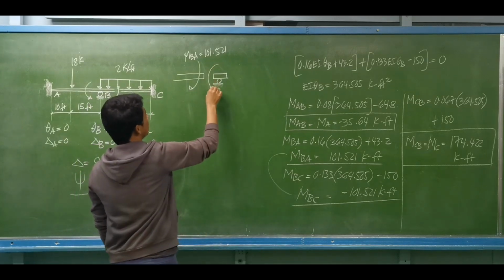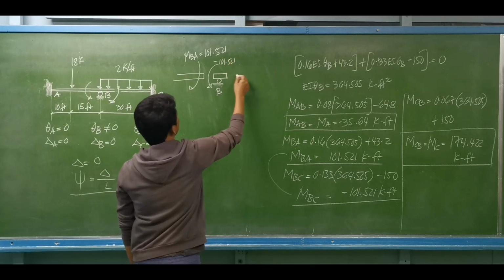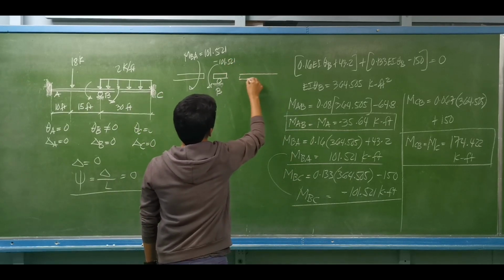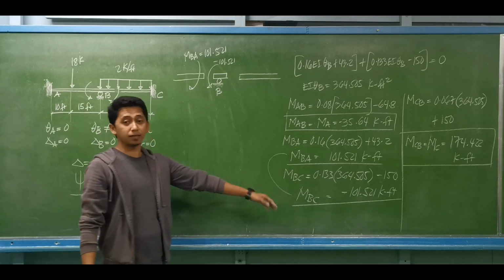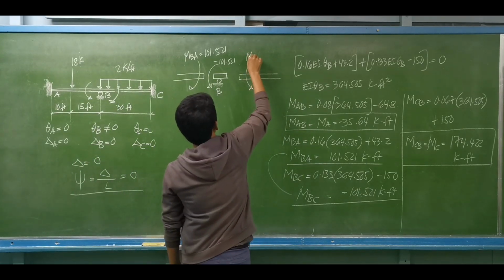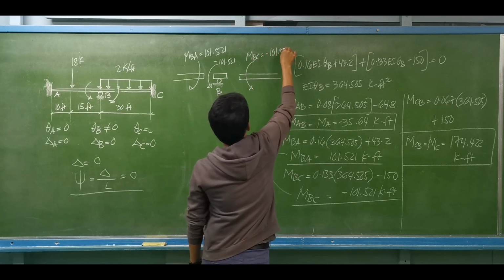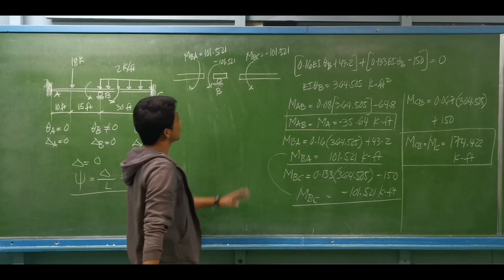So supposedly at B, we have a negative 101.521. On the other side, we have moment BC, equal to negative 101.521, and that is counterclockwise.